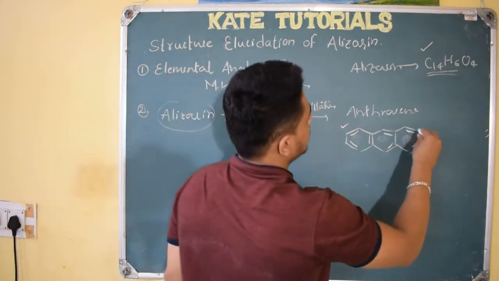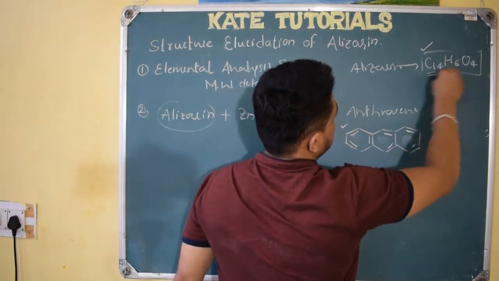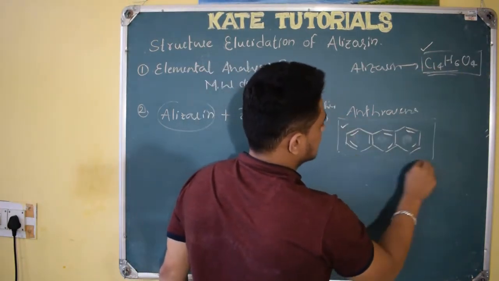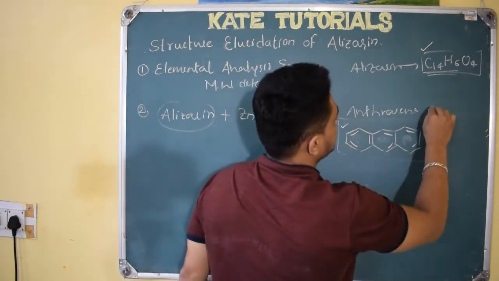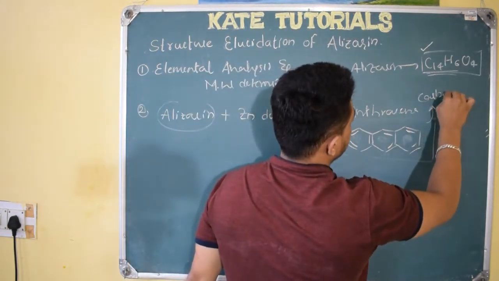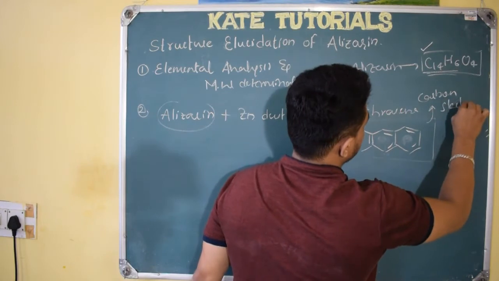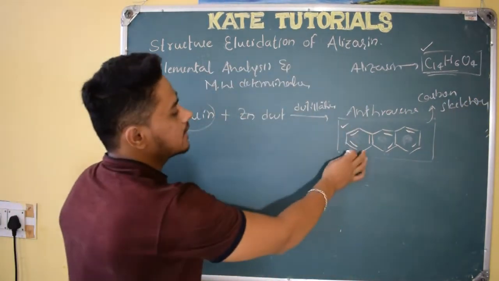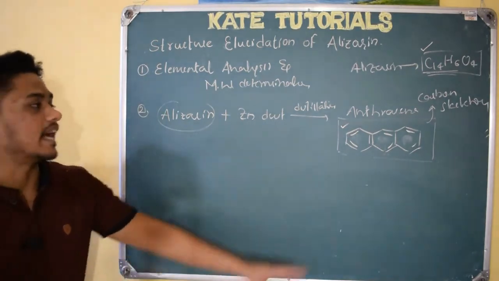So the second point you should remember is that alizarin has this carbon skeleton. From this reaction only they concluded that it has this carbon skeleton, that is anthracene.